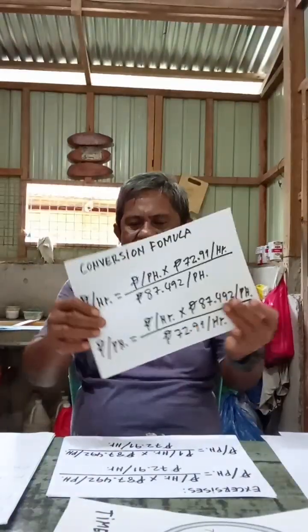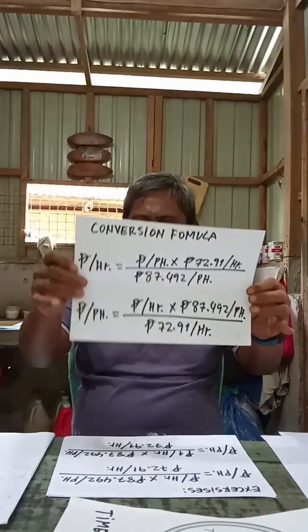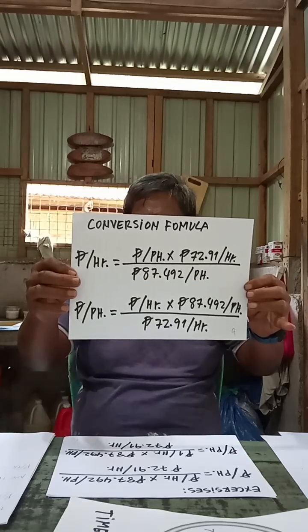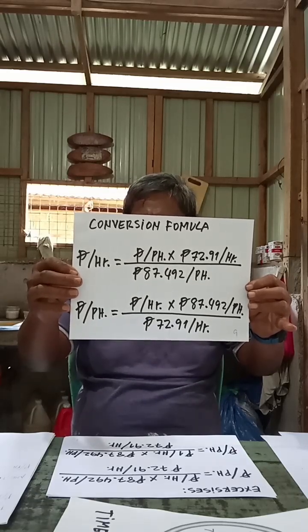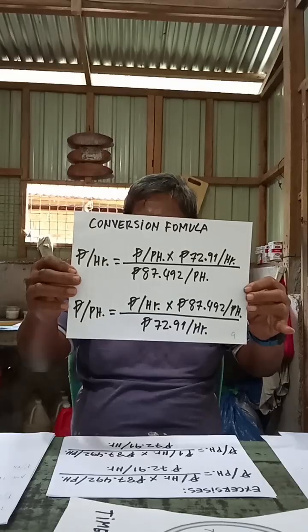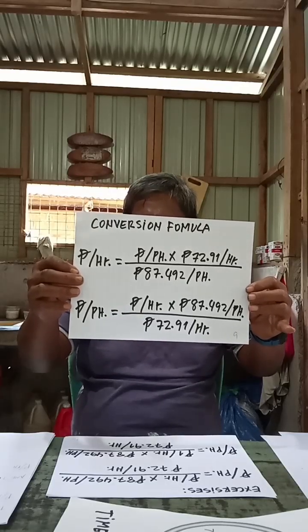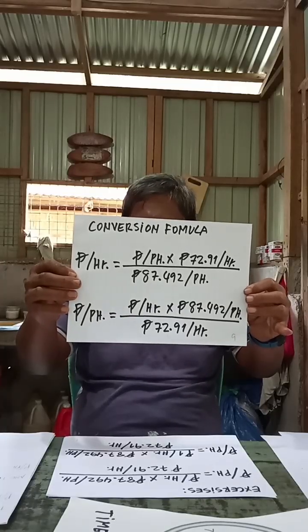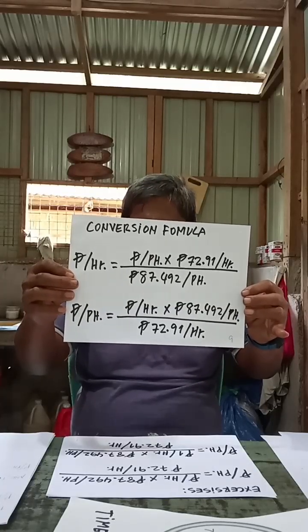Okay? Our conversion formula to find piso per hour is piso per peri hour times 72.91 pesos per hour over 87.492 pesos per peri hour.